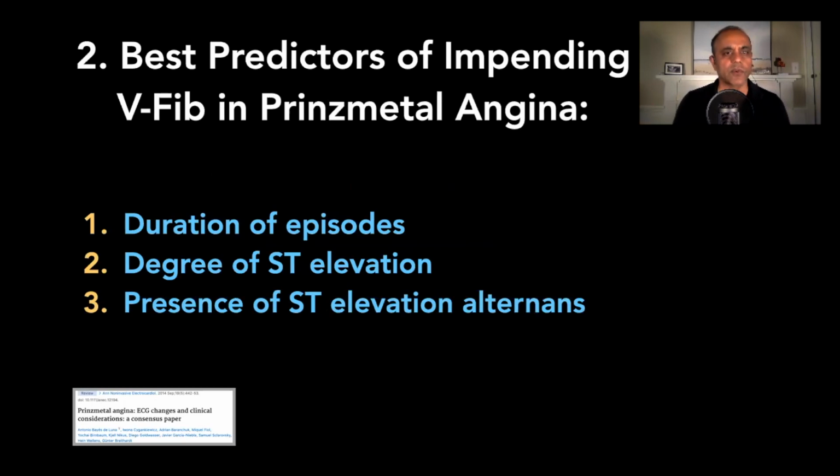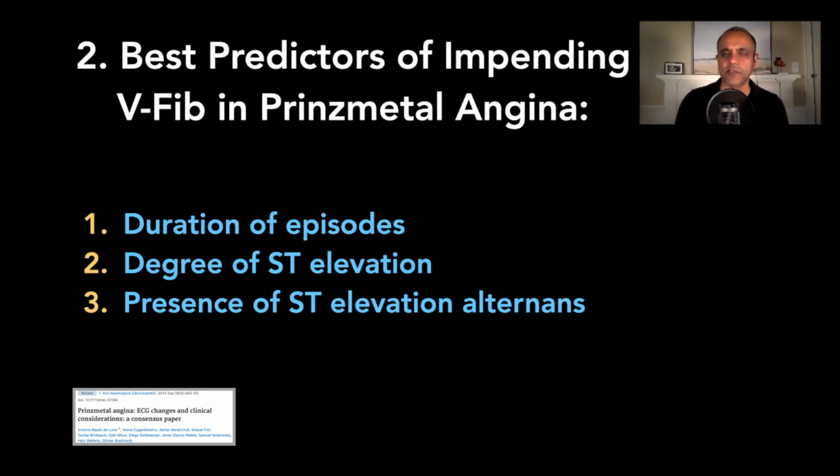Some people have also talked about the predictors of impending ventricular fibrillation in the setting of Prinzmetal angina. There are a few predictors. Duration of episodes is important, the degree of ST elevations on the 12-lead ECG, and the presence of ST segment alternans.